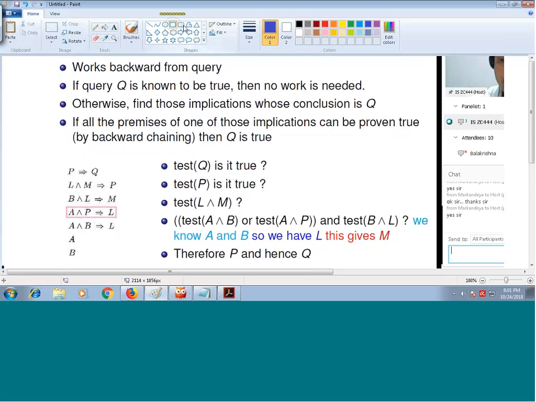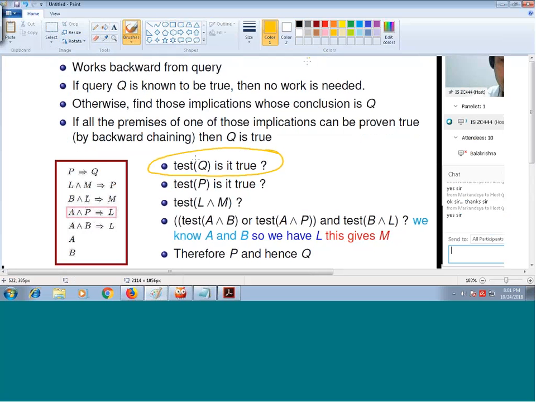Let me say that these things are given to you, and you want to find out whether Q is true or not.